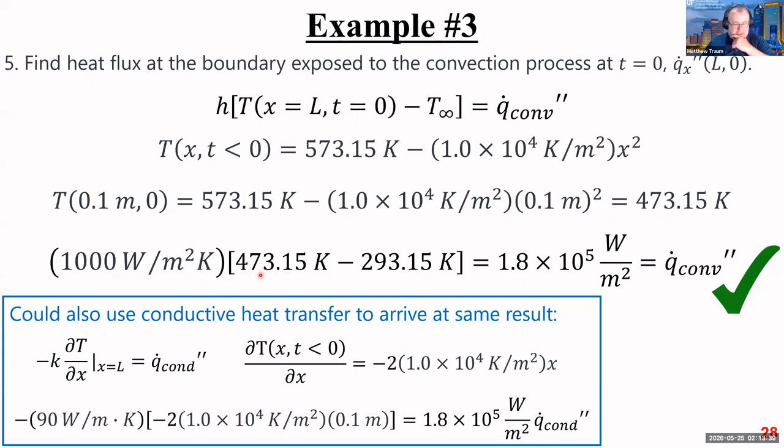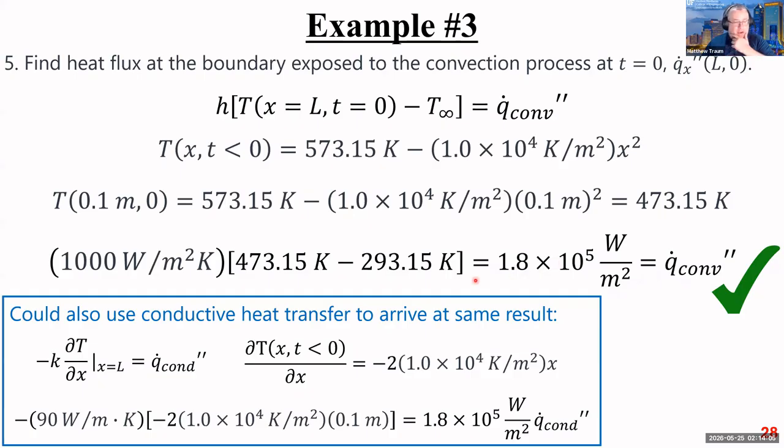Here's my calculated temperature at the wall. Here's the temperature of the gas that's blowing past, 293.15 Kelvin. And so I calculate this, I get 1.8 times 10 to the 5th watts per meter squared. That's my convective heat transfer flux. And again, this agrees with what I got when I looked in the book.